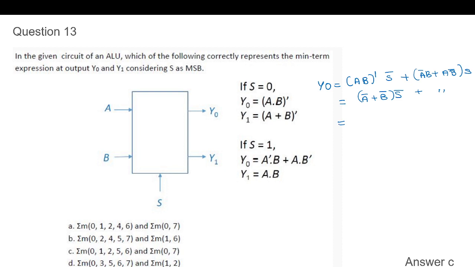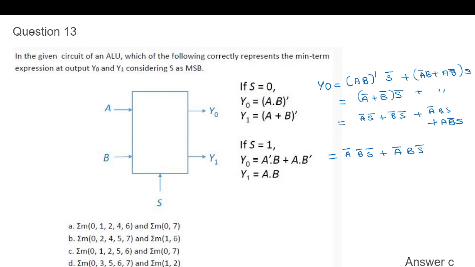Now let's take it inside. A'S' plus B'S' plus A'BS plus AB plus ABS. So it is A'B'S' plus A'BS'.